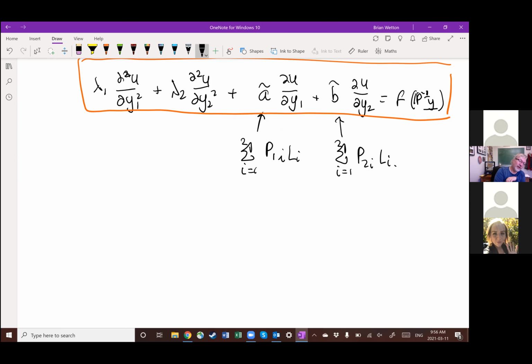Let me just make sure I've got my P's going the right way. Yeah, y is P of x. So the x would be P inverse of y. Okay, that's a good correction to make.